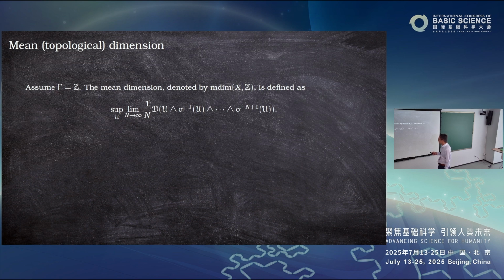Then this ratio, or this dimension growth, actually converges to some number. Then you look at the supremum. You look at all possible open covers. You look at this dimension growth. Then this is called the mean topological dimension.